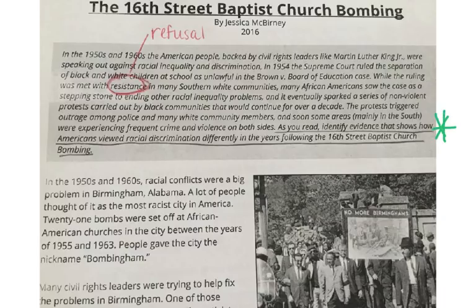After the church bombing, how did ideas and opinions and actions perhaps start to change? So we won't have to look at that until later in the article, since we are specifically looking at what comes after the church bombing. So in the beginning, we won't even worry about that.